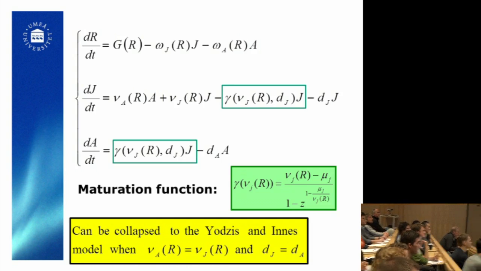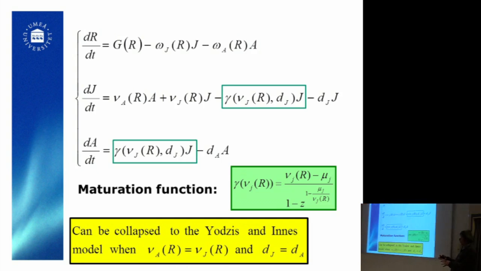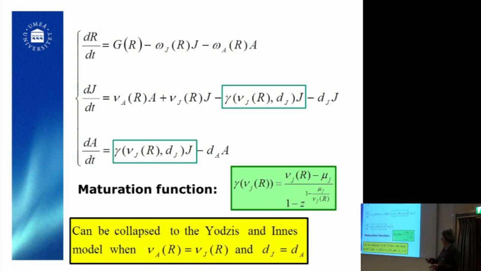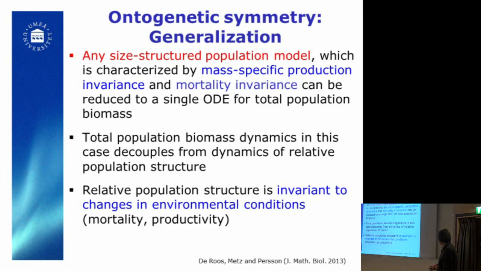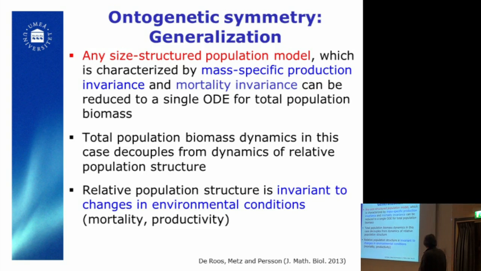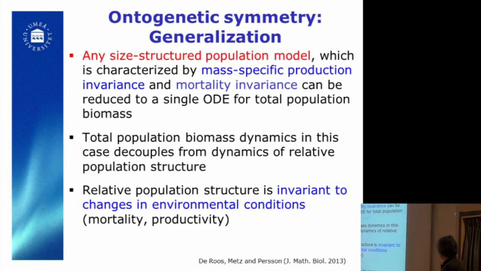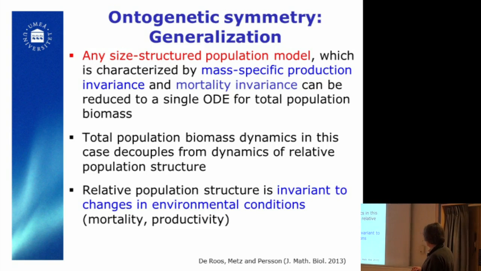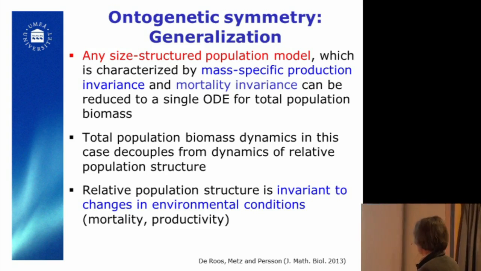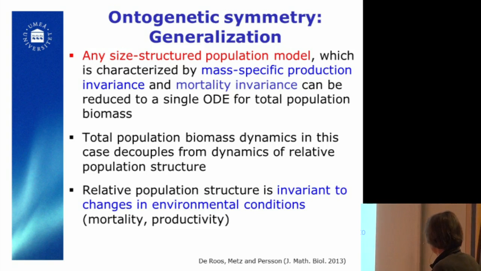Now I used a stage-based formulation here just to illustrate what I mean with asymmetry and symmetry. But actually a recent paper, which will appear next year in the Journal of Mathematical Biology, is a more mathematical treatment where it's mathematically proven that any size-structured population model which is characterized by mass-specific population invariance and mortality invariance can be reduced to a single ordinary differential equation for total biomass.